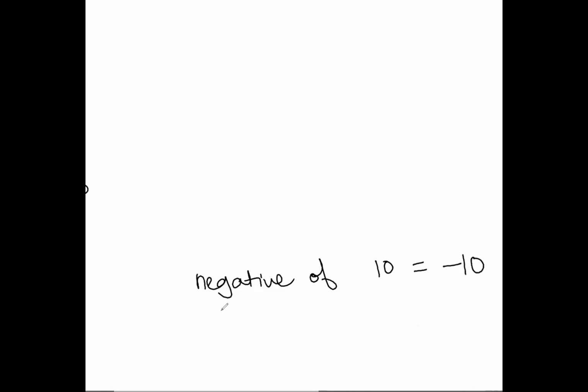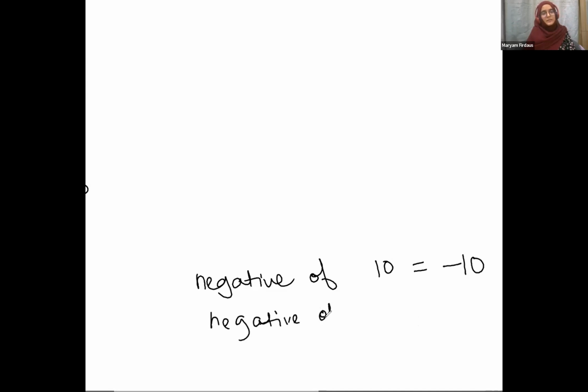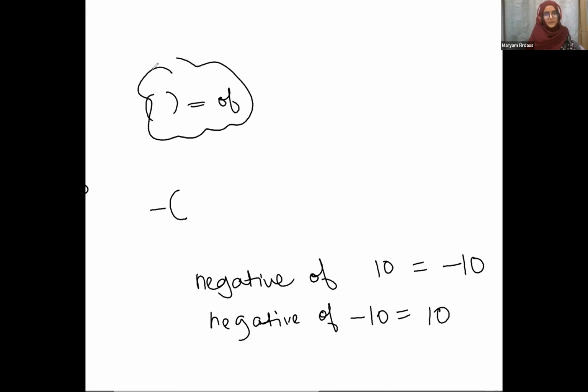Minus 10. What is the negative of minus 10? 10. Yes, it is 10. That means negative of negative 10 is positive 10, you know that bracket means of, right? Because when negative and negative are multiplied with each other, they end up giving you positive.